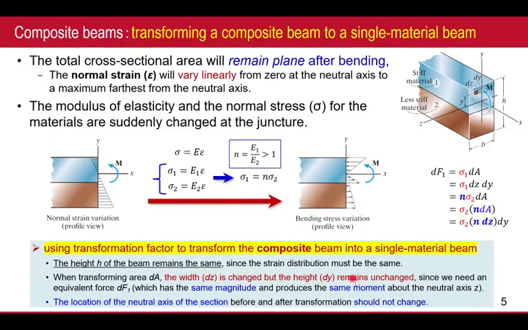So the strain distribution must be the same. We transform area dA: the width dz is changed, but the height remains unchanged. We only change the width. Since we need an equivalent force dF, with the same magnitude and producing the same moment about the neutral axis, and because we cannot change the loading situation, we must keep y constant.